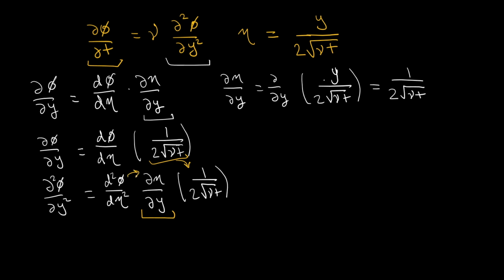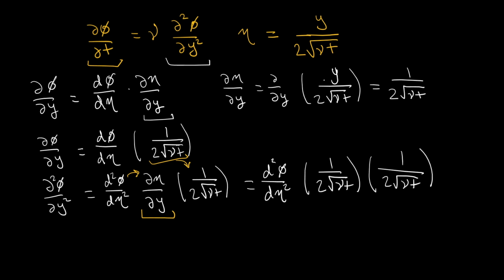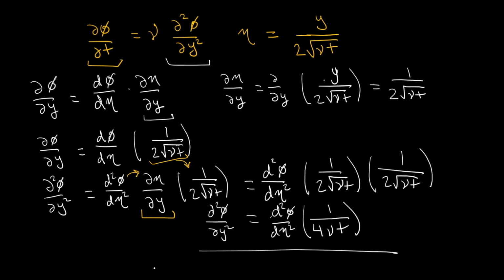So that comes out of this term. We've already solved for d eta dy, so that is just this quantity here. So we can rewrite this d squared phi d eta squared, and then we can combine those two terms in the last step. So we end up with d squared phi dy squared is equal to d squared phi d eta squared times 1 over 4 nu t. And so that's our last term here.